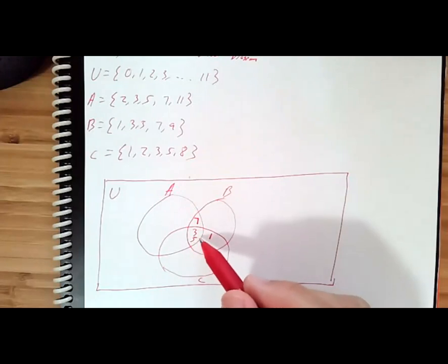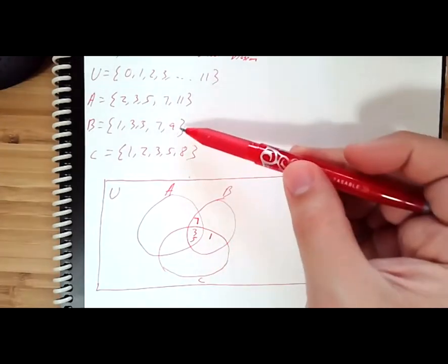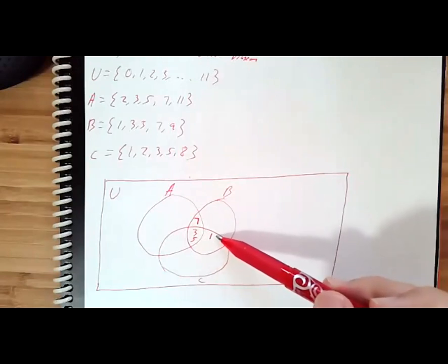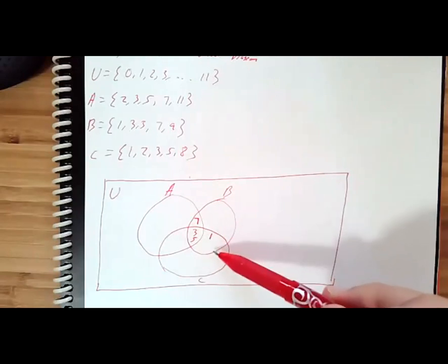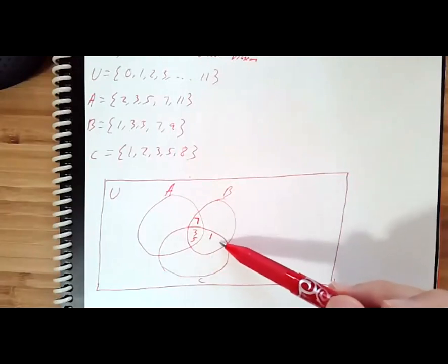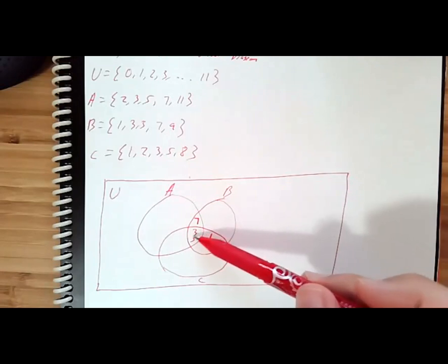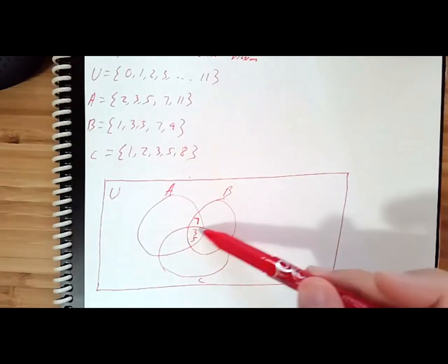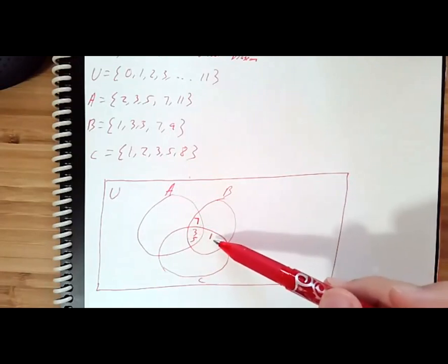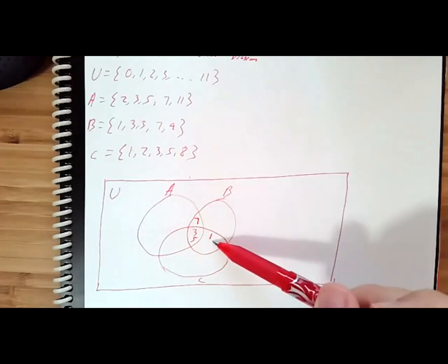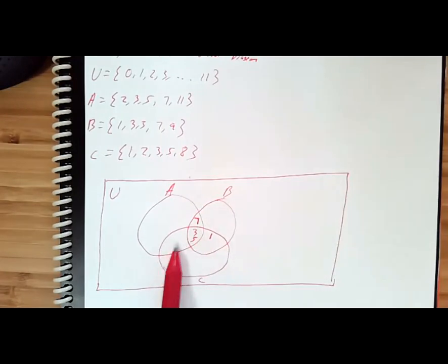See how this right here represents what they have in common. Does that make sense? Yeah. So these 3 are in common with B and C, like you said, but only 1 is outside of the A here.